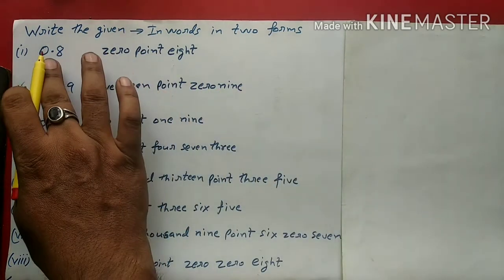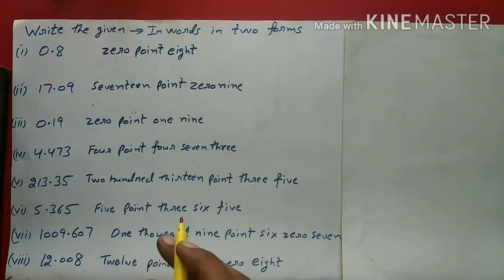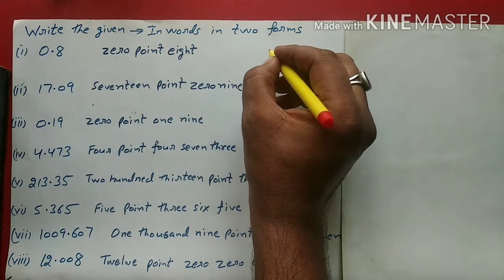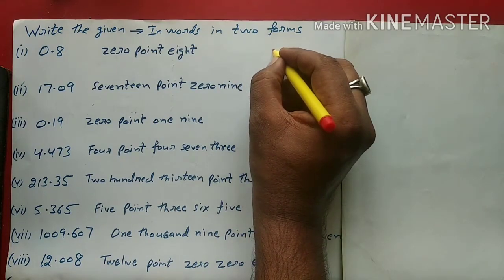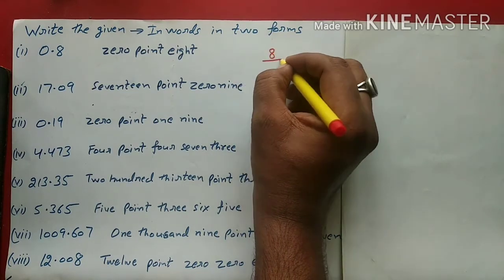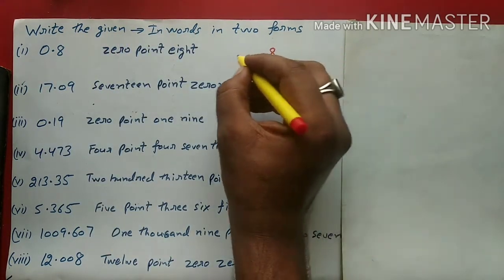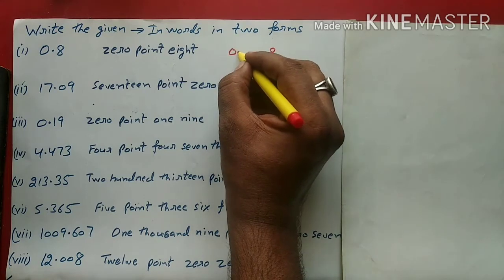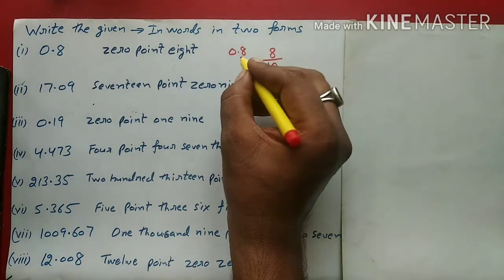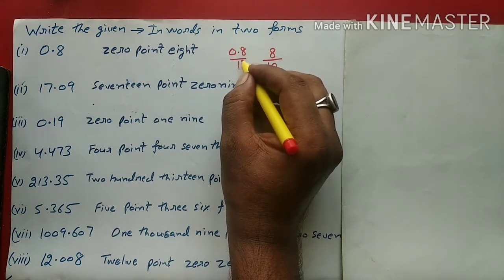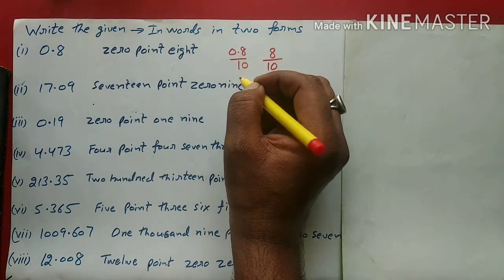You may see that this is 0.8. It can be converted to 8 over 10. Why? Because for 0.8, you will write 1 in the denominator at the place of the decimal, and as many digits as are after the decimal, that many 0s you will write.